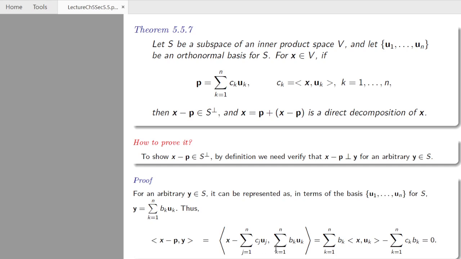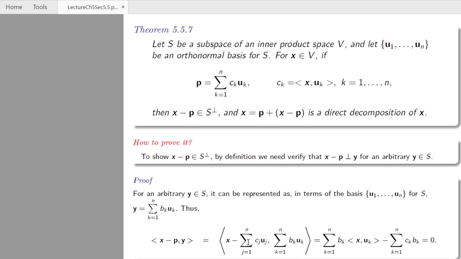Then we make this inner product. That should be the inner product between X and this vector Y, then minus the inner product of P and Y. Based on the definition of inner product, the inner product of X and this summation equals, moving the scalar BK out, the sum of BK times the inner product of X and each of the UK.